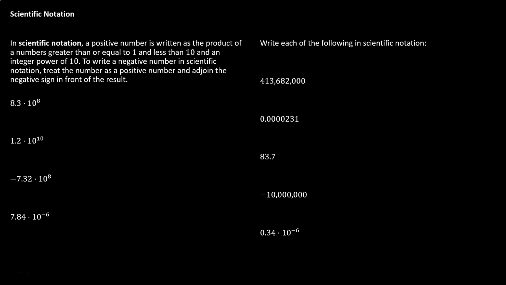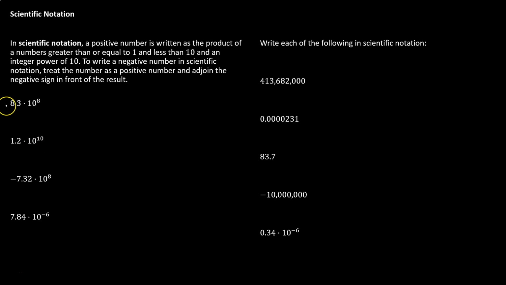So a way to get around that is to use something called scientific notation. Really similar to how we write our numbers in expanded form, except what it does is it keeps the significant digits and then it writes that as a product of a power of 10.